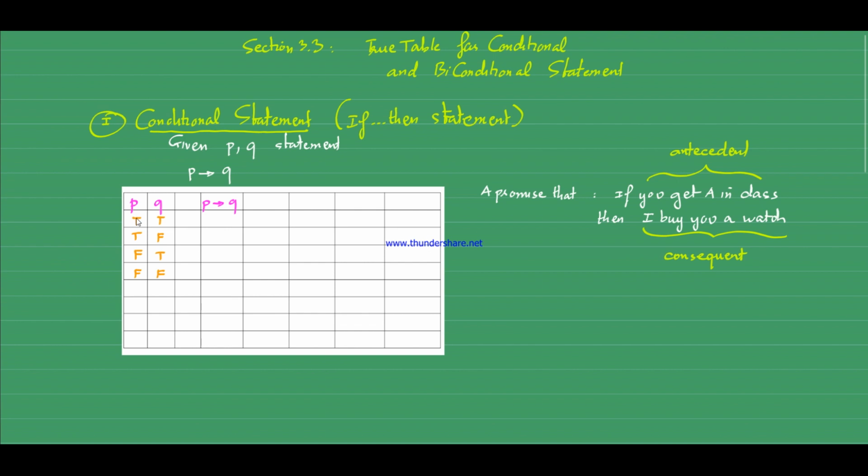So look, in the first case, we have true true. You get A in class, and I buy you a watch. Both of them are true, so it means that this will be true. If you get A in class, and I don't buy you a watch, this should be false, because the consequent statement is also important.